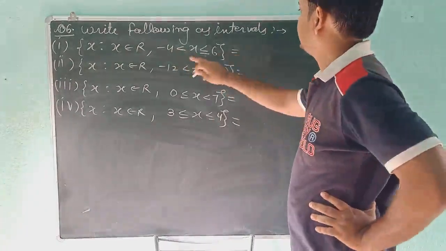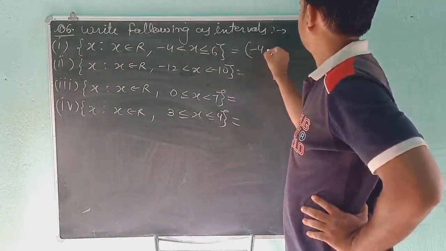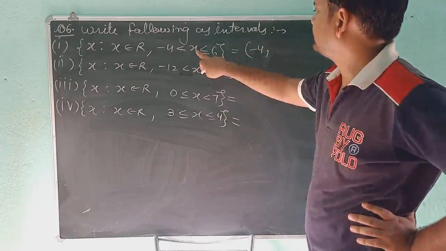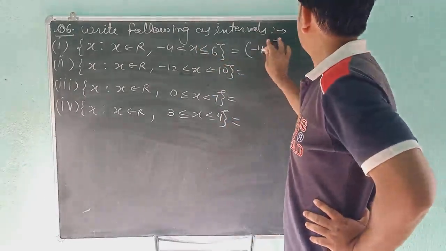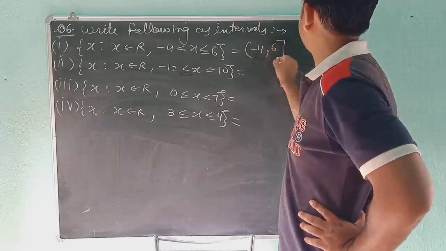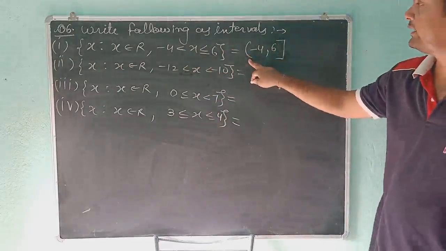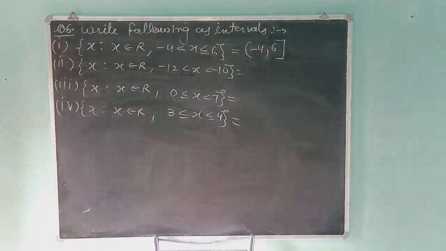So we will write an open bracket on this side with -4. But here 6 is less than and also equal, so you will use a close bracket. That side will be an open bracket and this side a close bracket. So this is the answer, students.